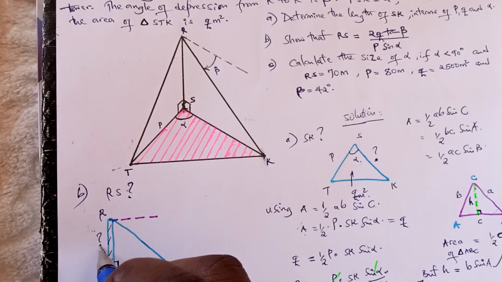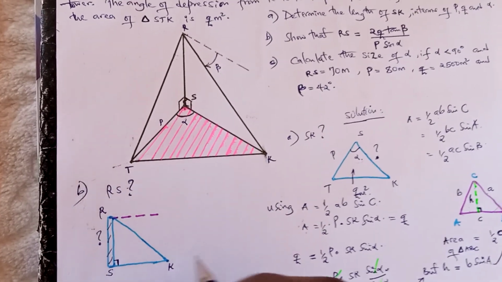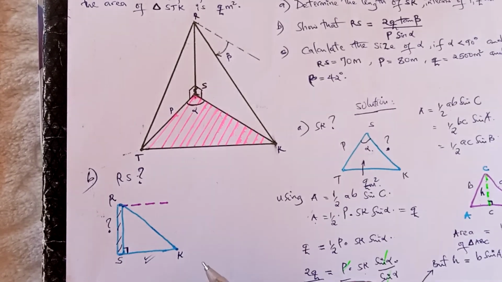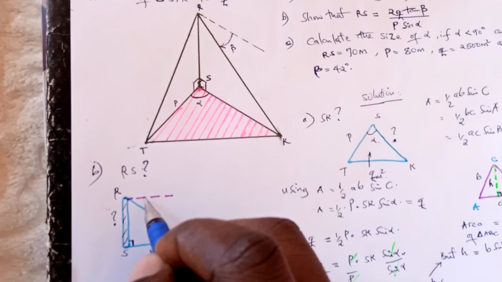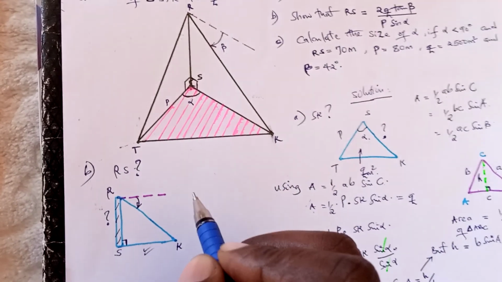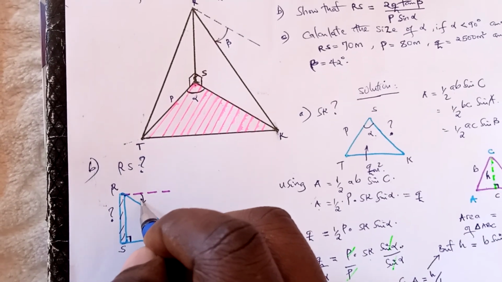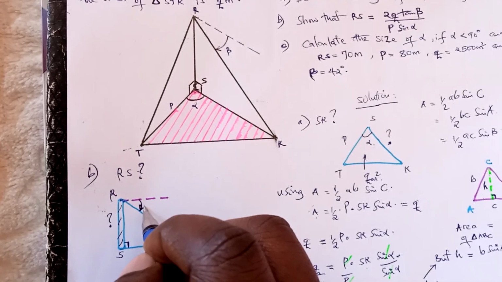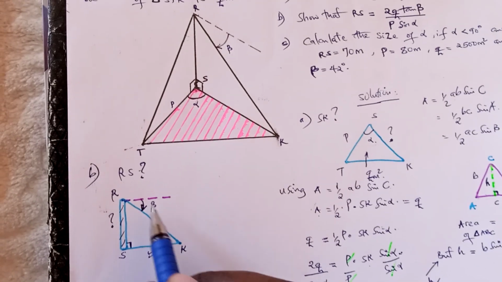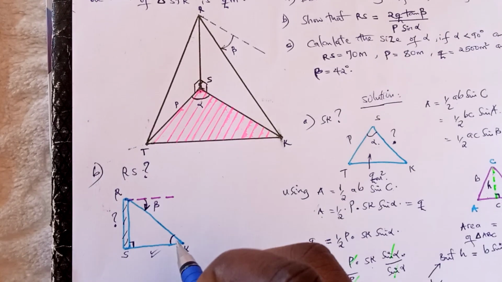We don't know this. This is what we want. We don't know this. This is K, but we know this. Now, since this angle of depression of R from K, or R to K, is beta, these angles are going to be equal. So this is beta.